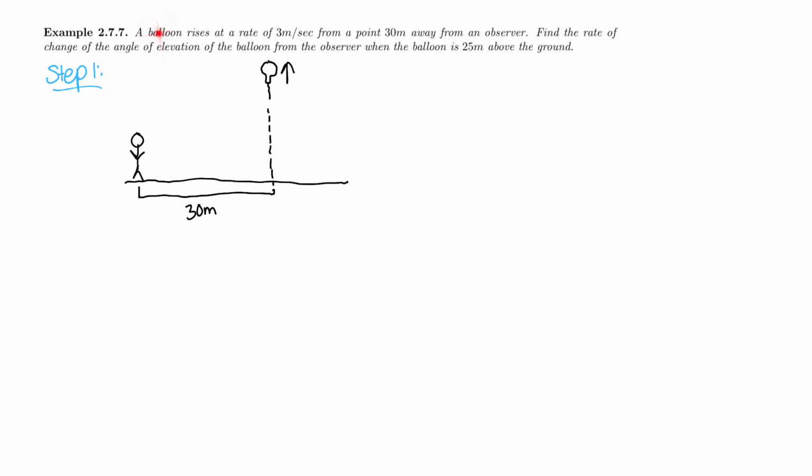Find the rate of change of the angle of elevation of the balloon from the observer. So the angle of elevation from this observer is this angle right here. This angle is the angle of elevation.